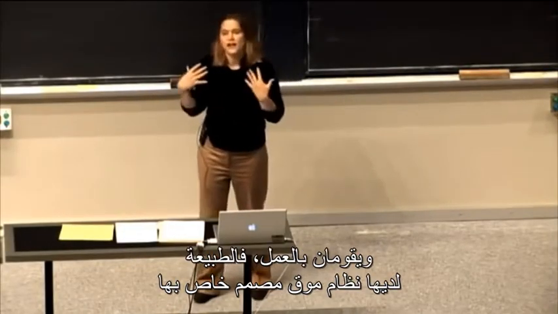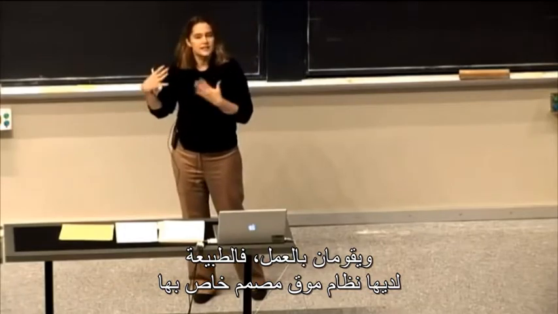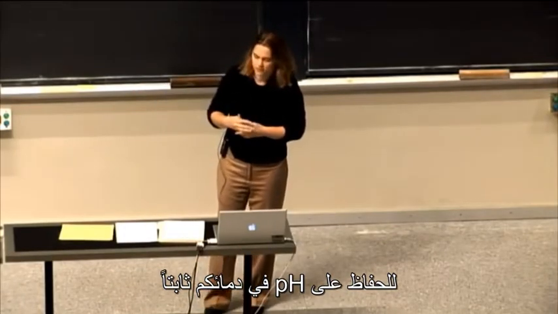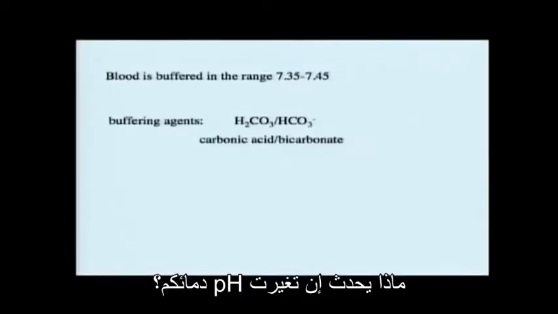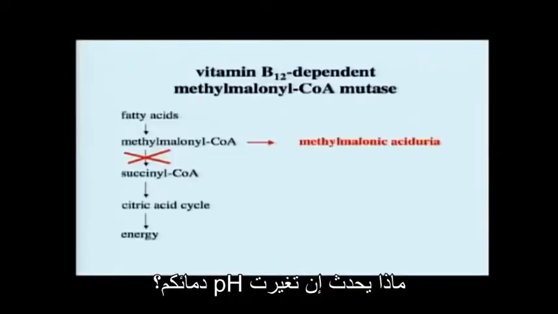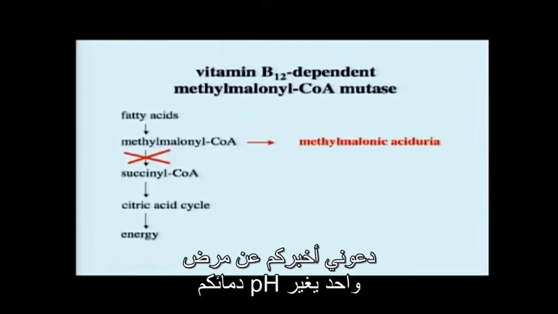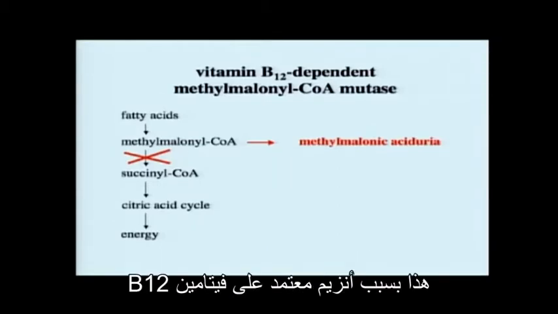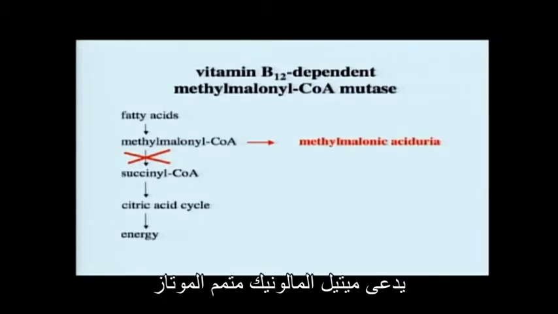So nature has its own buffering system designed to keep the pH of your blood constant. Well, what happens if the pH of your blood changes? Let me just tell you about one disease that can change the pH of your blood. This is from a vitamin B12 dependent enzyme called methylmalonic CoA mutase.